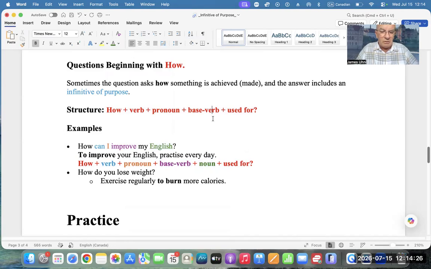So it's a different question with how, and the structure is over here. So plus noun plus used for, and that's what it is.